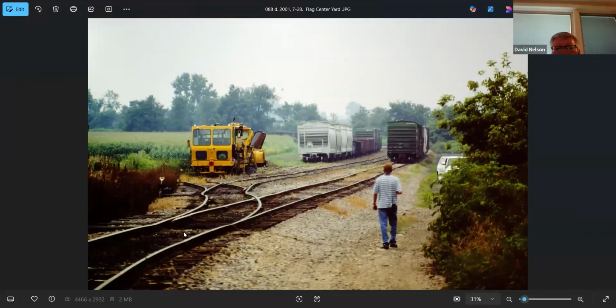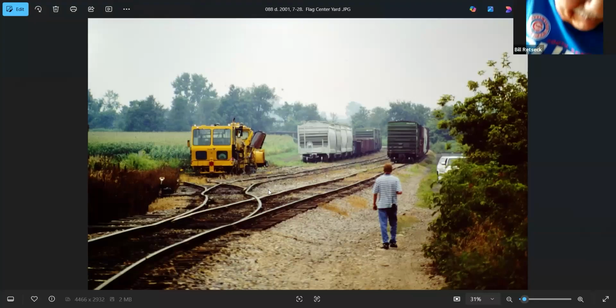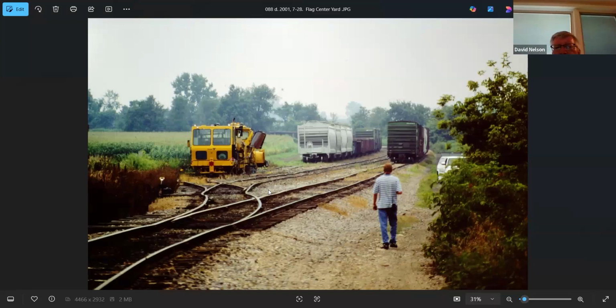Milwaukee Road ran right through Rochelle on CB&Q tracks. But there were still some industries on the line between Flag Center and Davis Junction. They are no longer rail served or no longer in existence. So in the future, everything will be at Davis Junction looking north. And all the stuff at Flag Center, I suspect, has been ripped out.